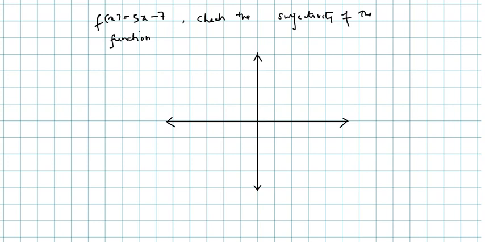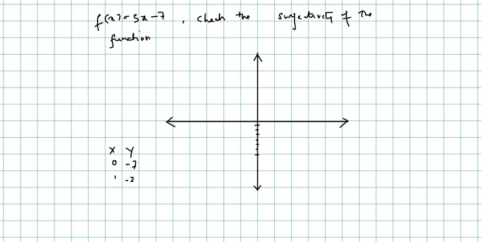You can see 5x minus 7 is the equation of a straight line with slope 5. We can make a plot here, x and y. If x is 0, y will be minus 7, so the intercept is minus 7. Then if x is 1, we just need a general graph, not very specific, I get 5 minus 7, that is minus 2.